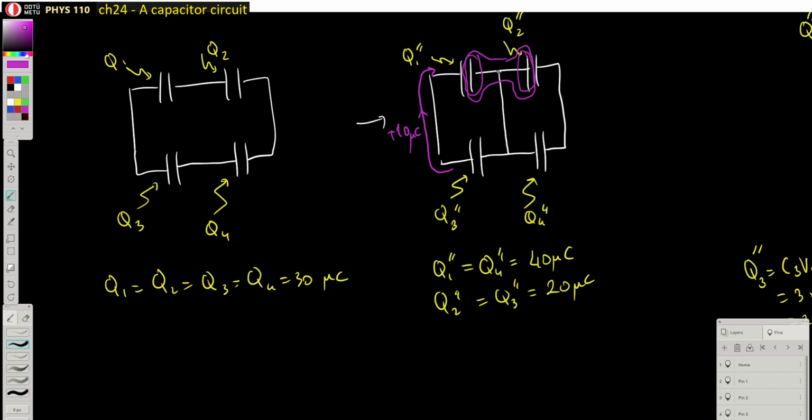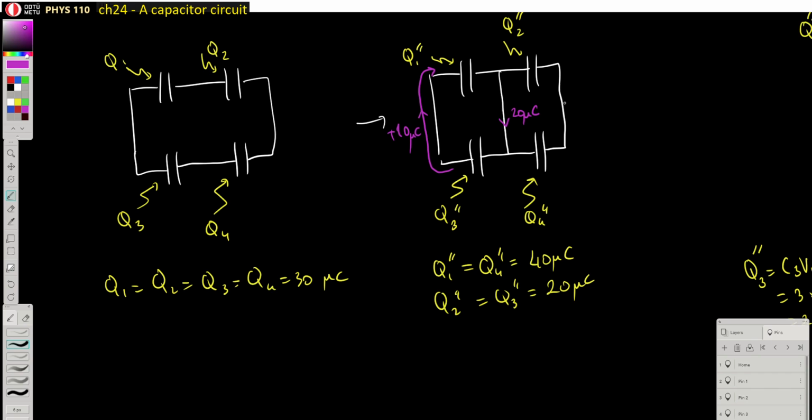So the total charge is minus 20, which means 20 microcoulombs of charge have flown from this upper region to the lower region over the wire that we have just attached.